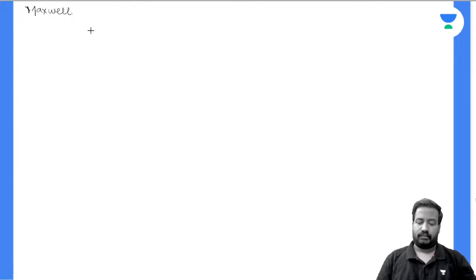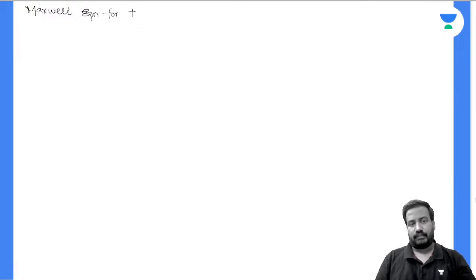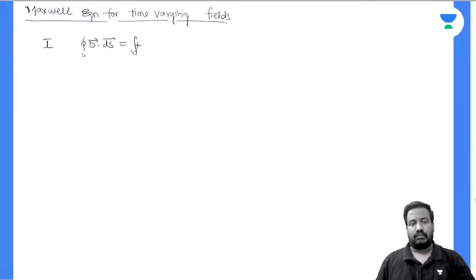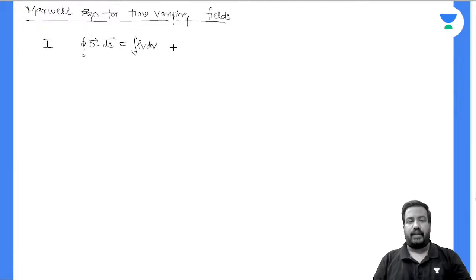So this completes Maxwell equations for static fields. Now if you go for Maxwell equations for time varying fields, what happens in time varying fields is, first equation, closed surface integral of D dot dS is equal to volume integral of rho v dv, integral form.